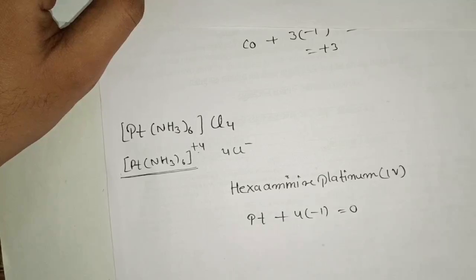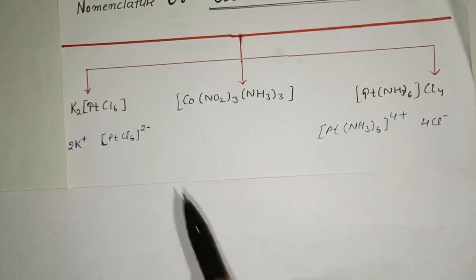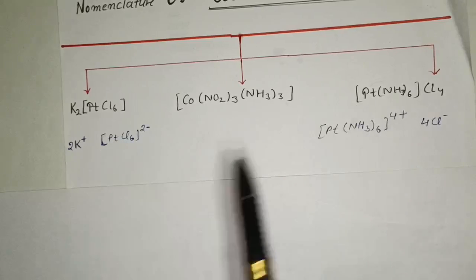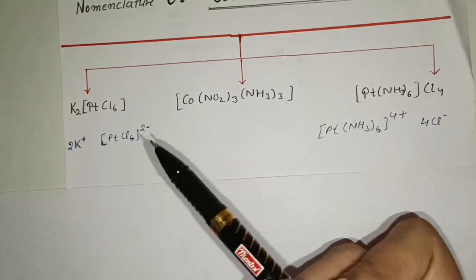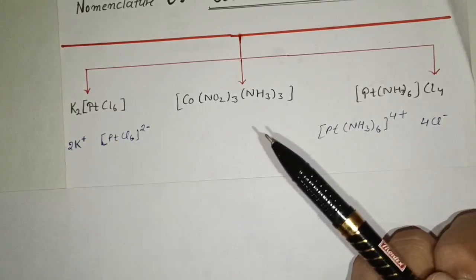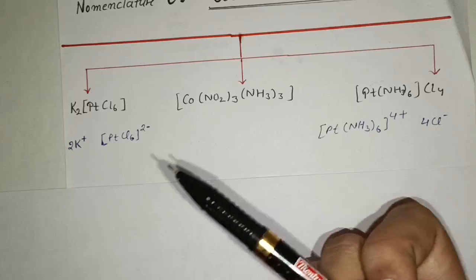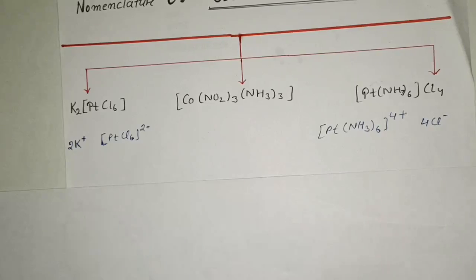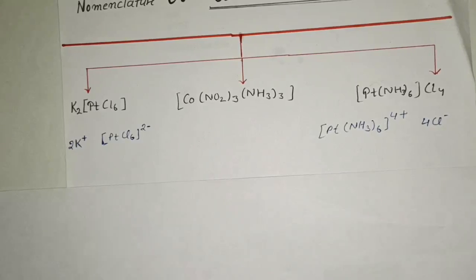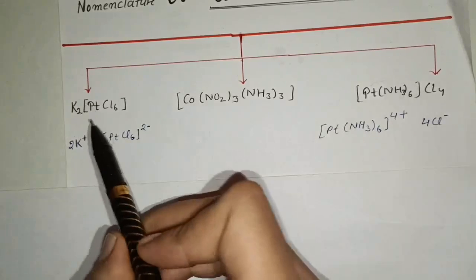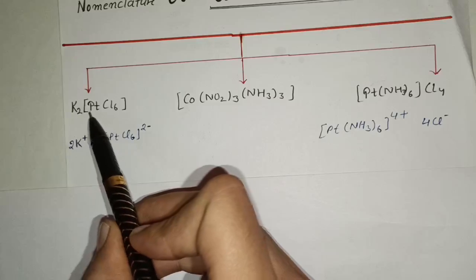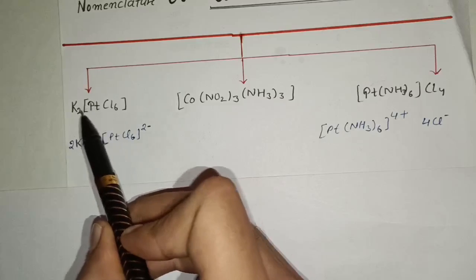So we have seen three different kinds of examples. These three are of three kinds and very basic and general. You may have other examples of any other kind, but they will have several changes in their naming. Like if the ligand is a bridging ligand, there will be a change. And supposing over here this is potassium, over here this is platinum. What if platinum is over here also?